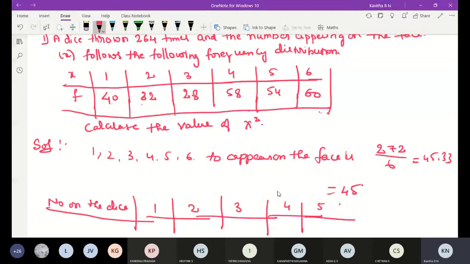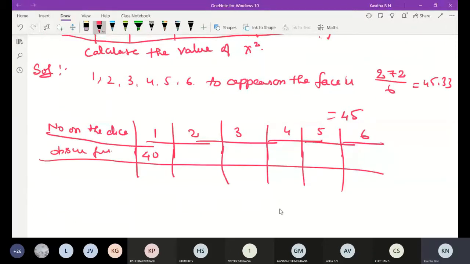Then the observed frequency, which is given in the problem: 40, 32, 28, 58, 54 and 60. Then the expected frequency, which we found is 45, rounded up. The expected frequency is 45 for each of the six.